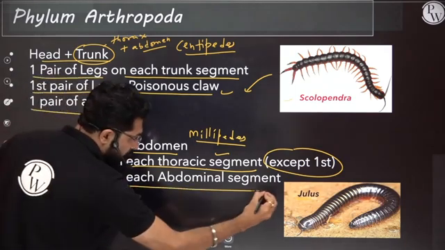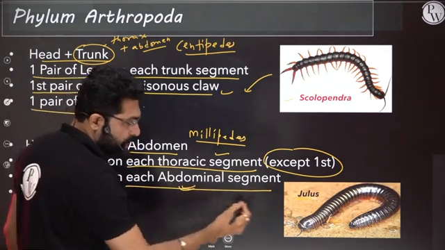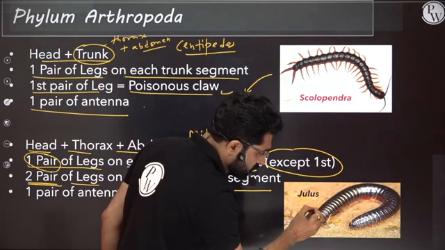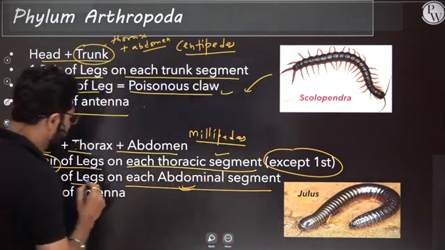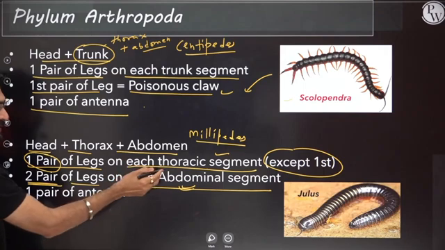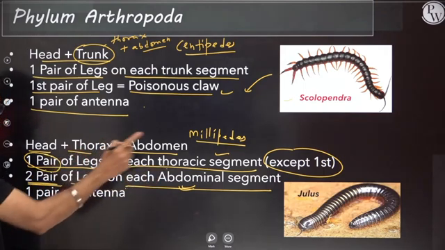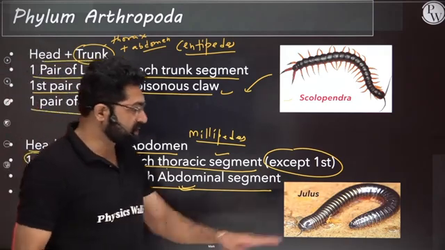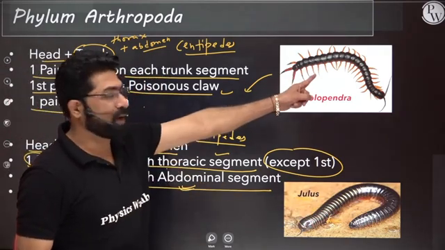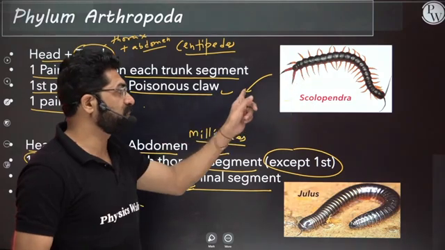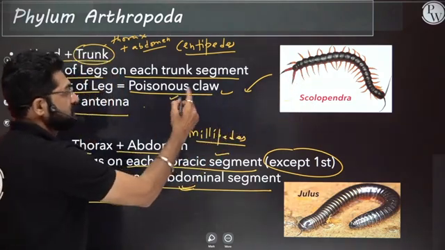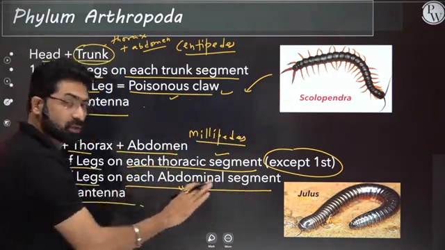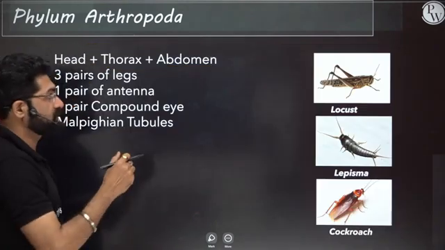One pair of antennae is present. Scolopendra, the centipede, is poisonous because of its poisonous claw. Julus is non-poisonous.